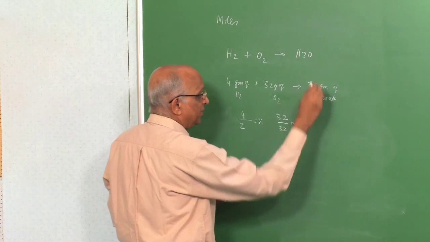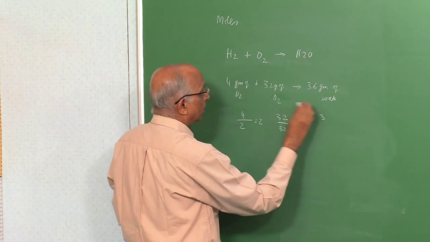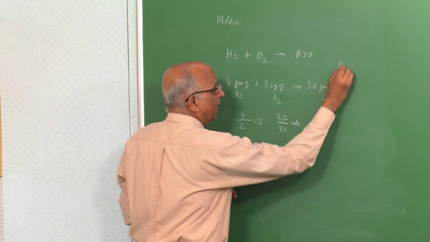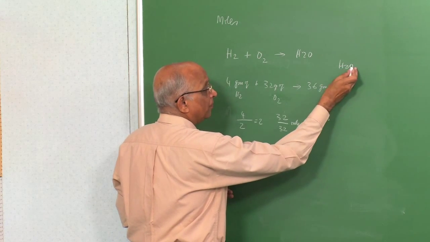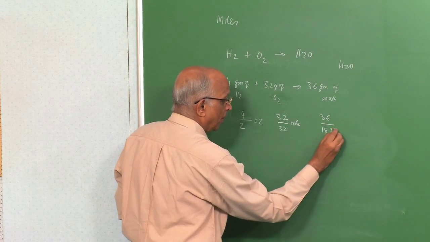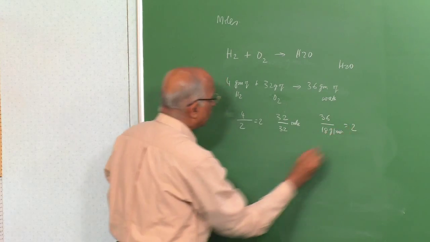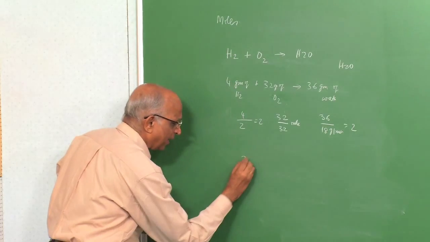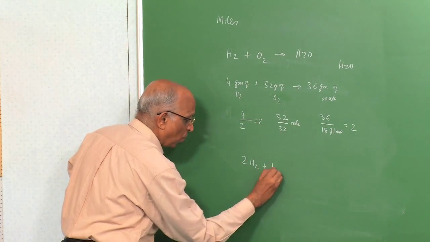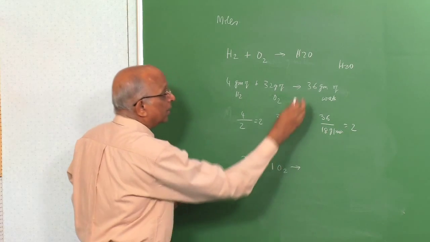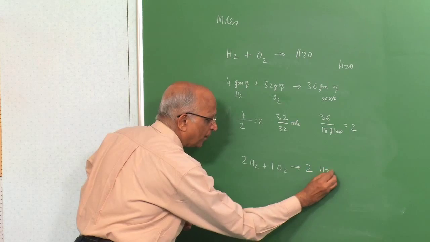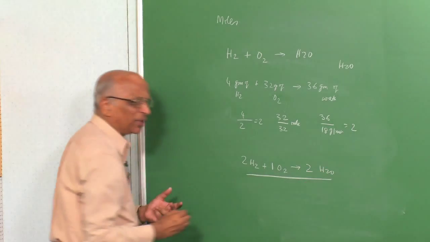I have 36 grams of water, and H2O has a molecular mass of 2 plus 16, that is 18 grams per mole, so that means 2 moles. Therefore, this equation I can write as 2H2 plus 1 mole of O2 gives 2 moles of H2O. And this is how we write a chemical reaction.